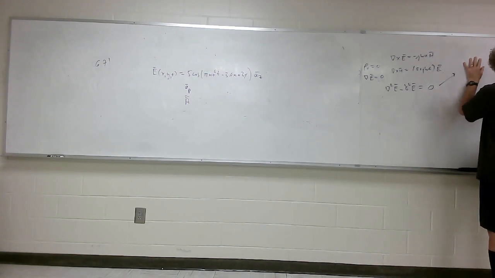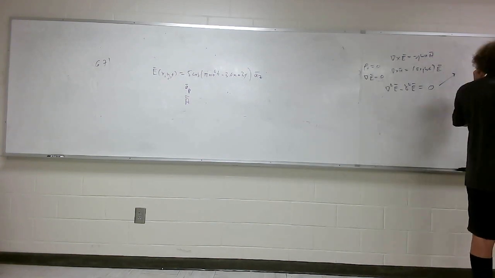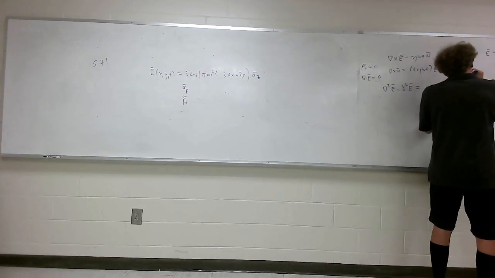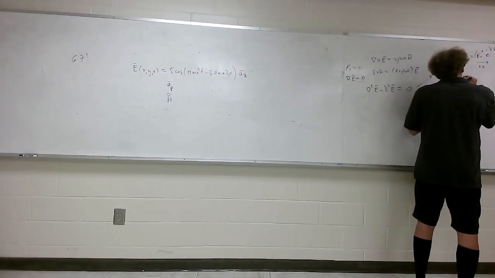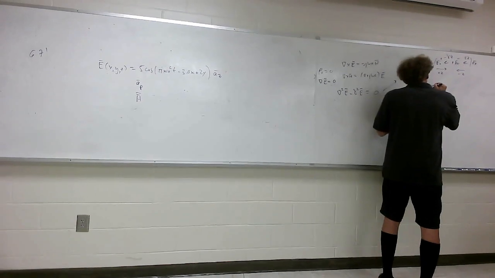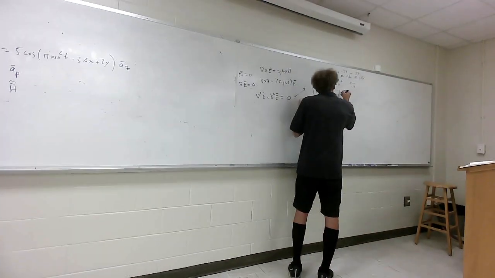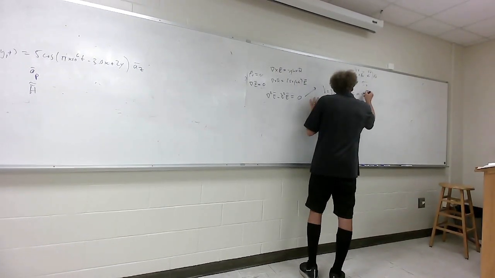This form is propagating in the plus z direction. This is in the minus z direction. And in general, gamma, now you have to know these things pretty well, is equal to the square root of j omega mu times sigma plus j omega epsilon. That's equal to alpha plus j beta.